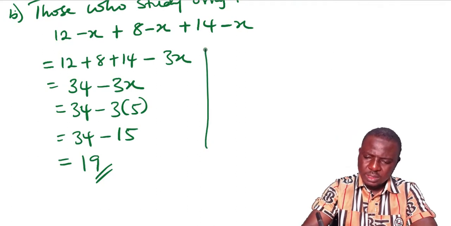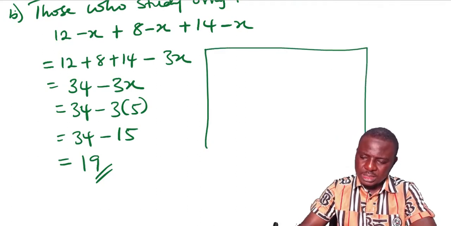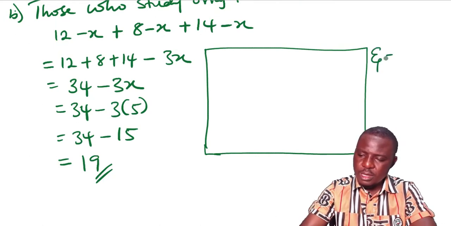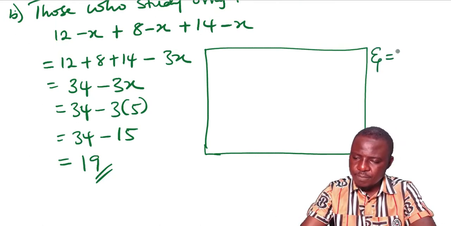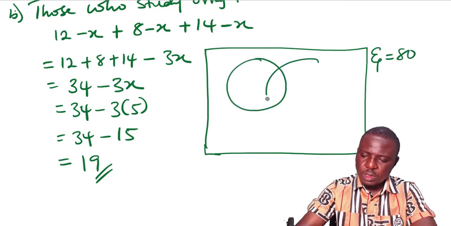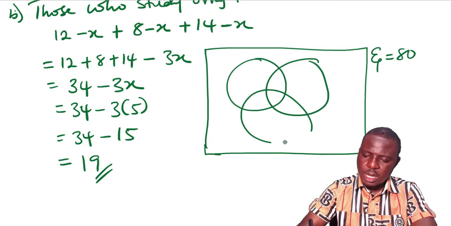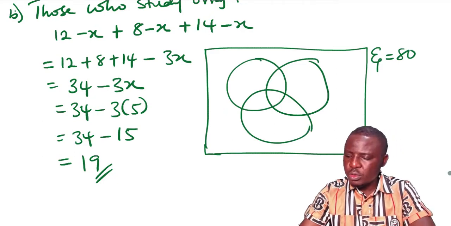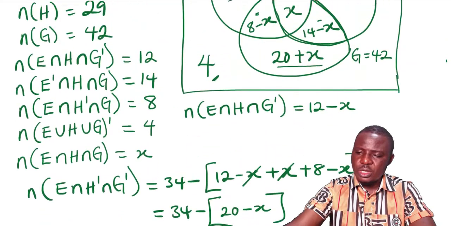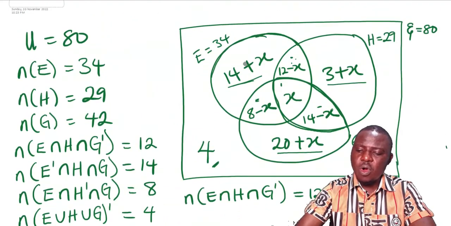And if you look at it, there's another way you can get it. If you draw the universal set again with all the values and substitute the value of x for it, you will get back all this.